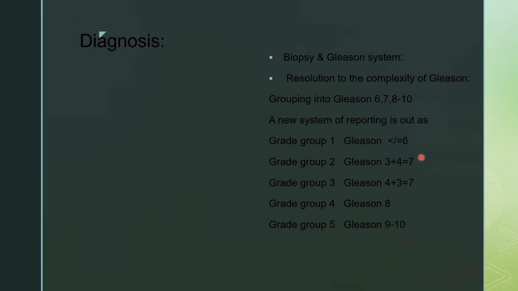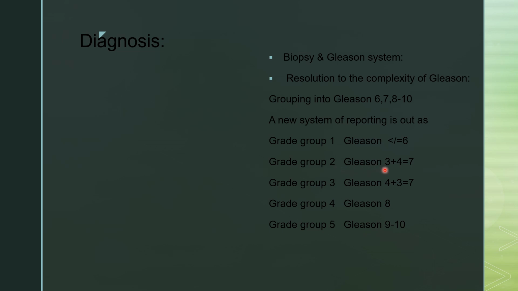While grade group 3 will be Gleason grade 4 plus 3, which is equal to 7. You can see that there's difference between 3 plus 4 and 4 plus 3, and they are still the same 7. Because you will agree that grade 2 is less of evil compared to grade 3.